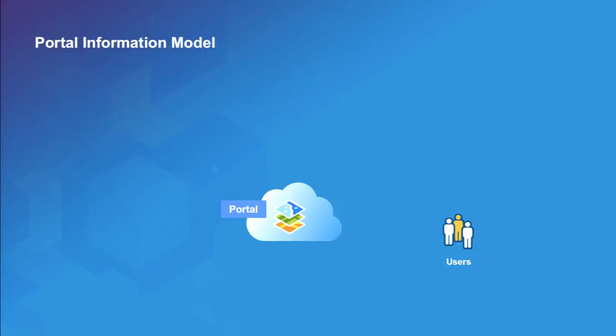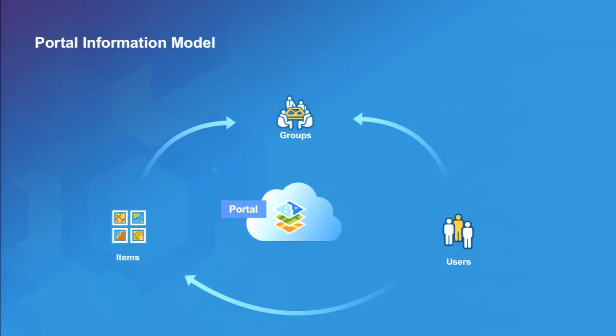It's all the same thing, but we call it various things sometimes. Within this portal, you manage your users, you invite users into the portal. There are users who own items. Items are your information, so they could be data sets, services, maps. And you can combine these users and items into groups so that they can collaborate on this information.